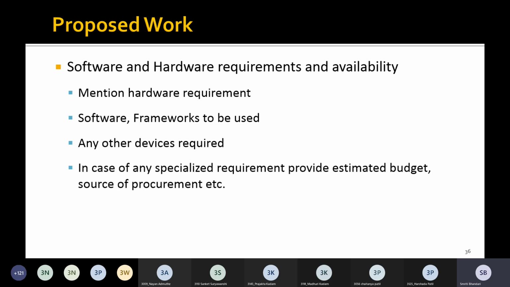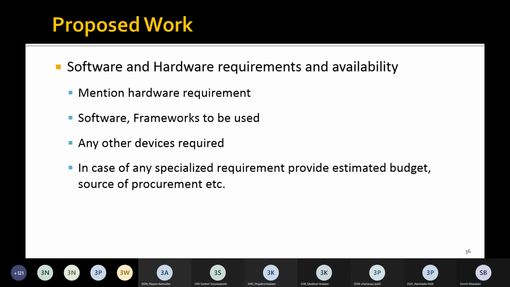Also, in case of any specialized requirement: if the hardware is available, no issues. If software is available with us, no issues. If we are using any open source technologies, no issues at all. Right? But still we should mention whatever technologies, languages, platforms, frameworks, software and hardware we are making use of.